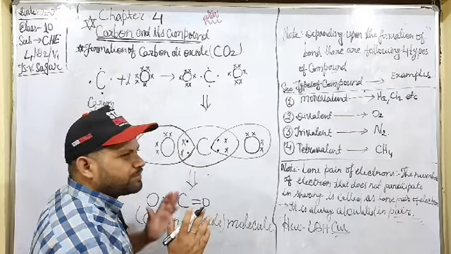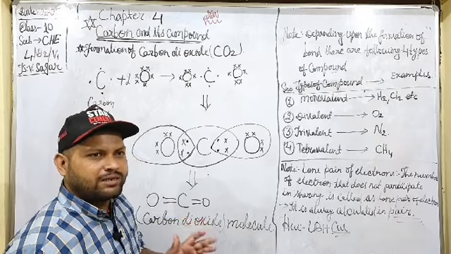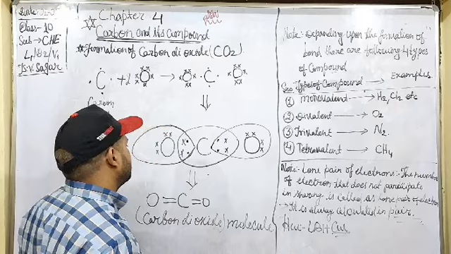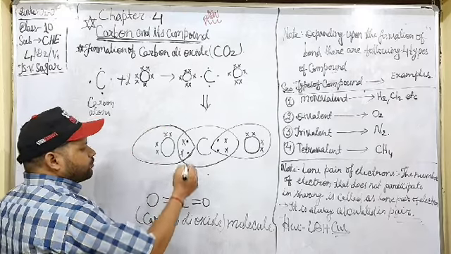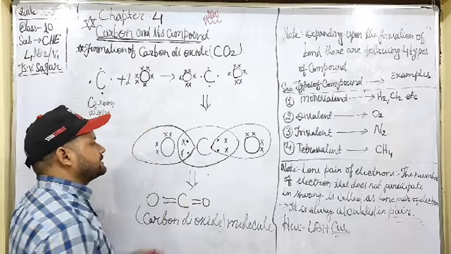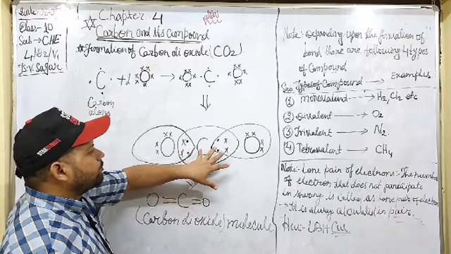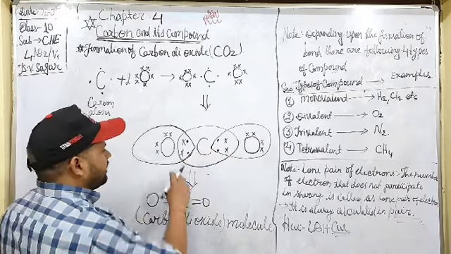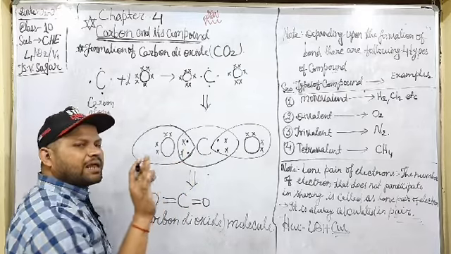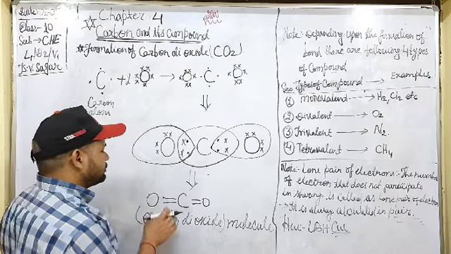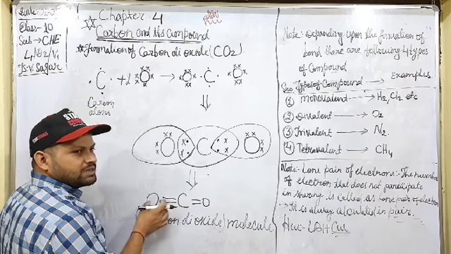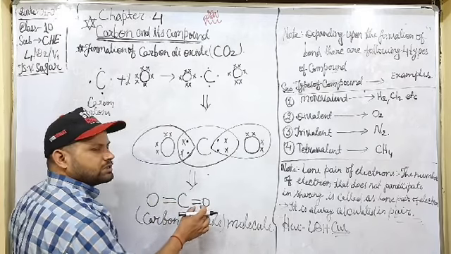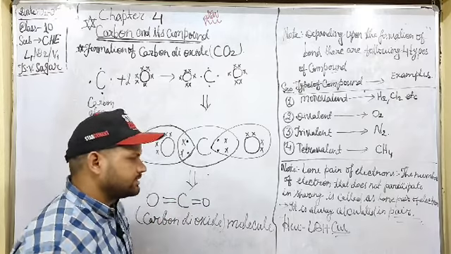So both atoms get an advantage by sharing their own electrons, and the formation of a double bond takes place because here 4 electrons are shared, and also here 4 electrons are shared. So double bonds take place with this oxygen, and with that oxygen double bonds also take place. So the formation of the carbon dioxide molecule takes place.